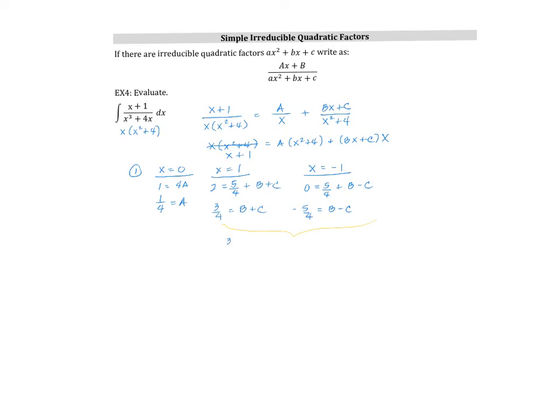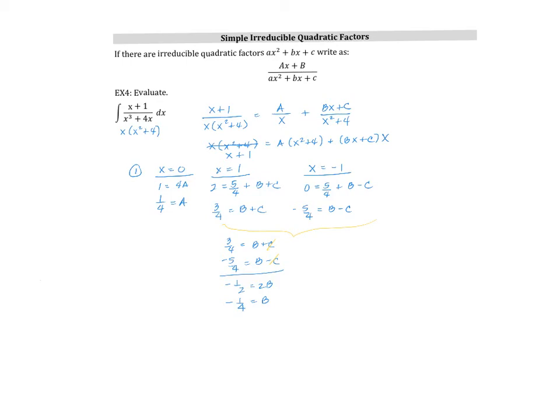I'll have 3/4 equal to b plus c. -5/4 is equal to b minus c. The c's will go away. And I'll have -1/2 is equal to 2b. b is equal to -1/4. Now that I have b, I can go ahead and substitute that in to either one of these equations.